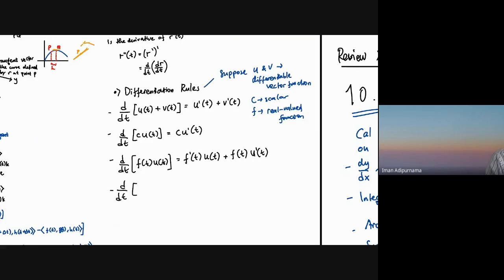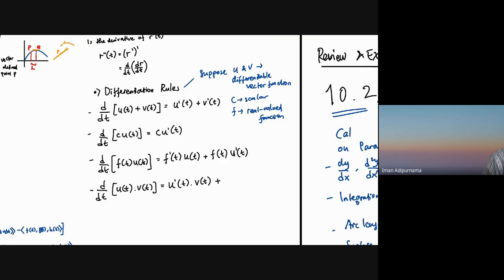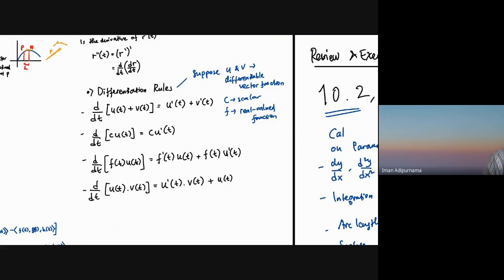And you can also do the dot product in terms of the derivative, and the result is the product rule.